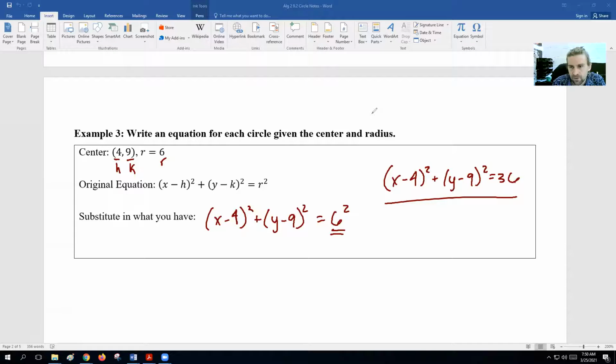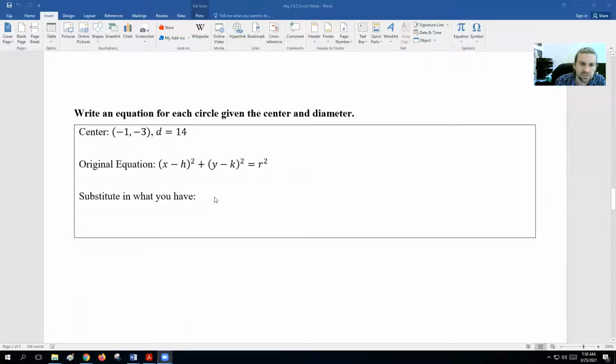Okay, so we can just tweak the difficulties of all these problems whenever you give two pieces of information, like this one here. The center is at -1, -3. So we got x minus -1 squared plus y minus -3 squared. You can see all we're doing is just plugging things in. Now, that is the radius squared.